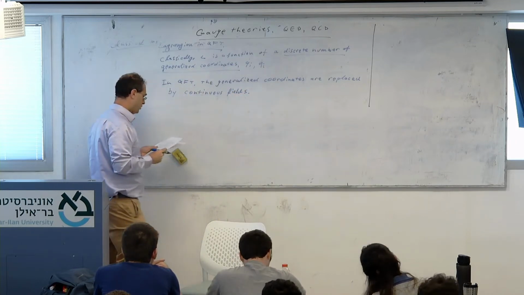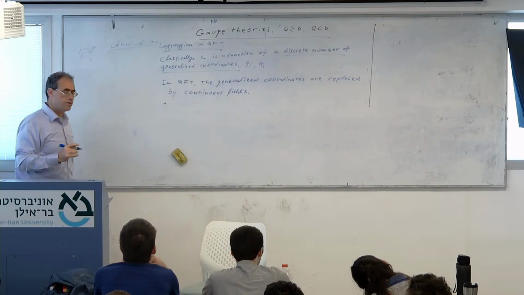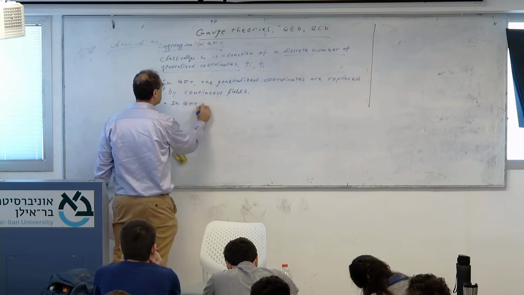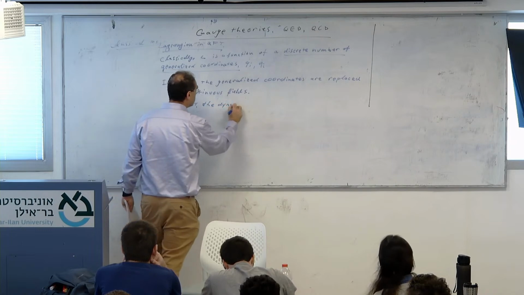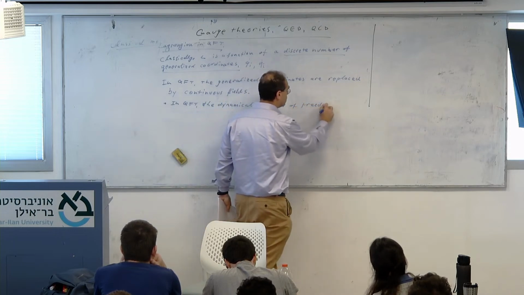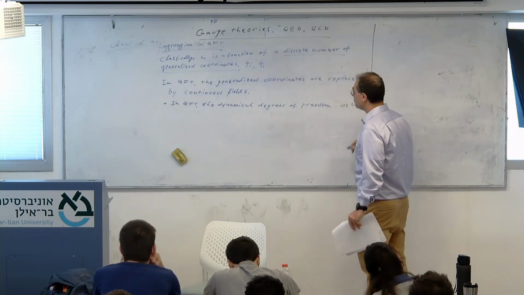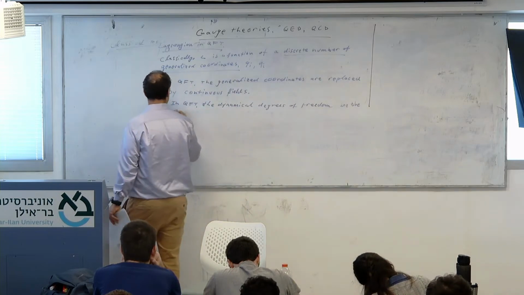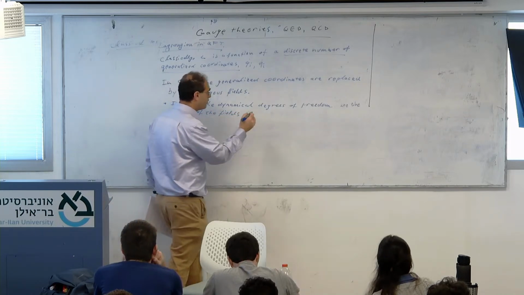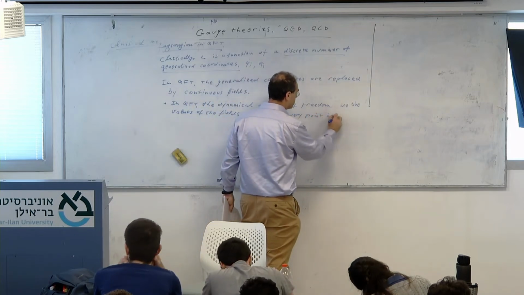So, in QFT, that means that as opposed to classical mechanics, that's the key difference here, the dynamical degrees of freedom in QFT are the values of the fields, for example phi, just an example, at every point in space-time.